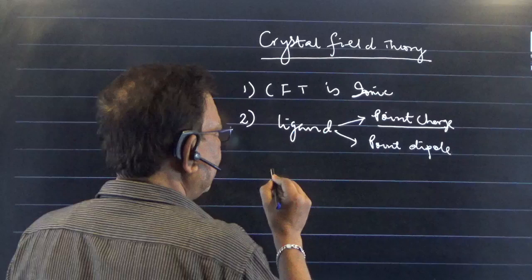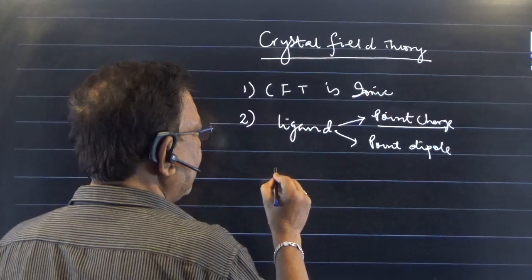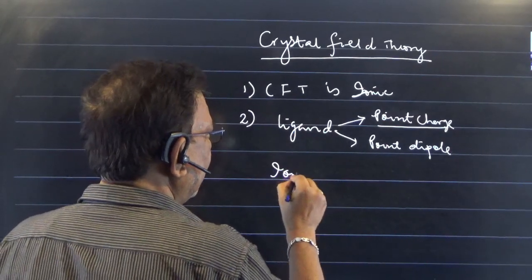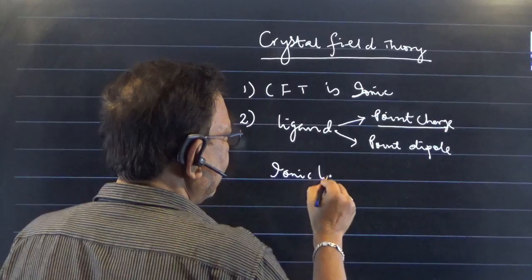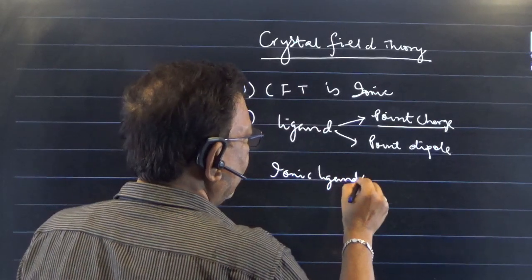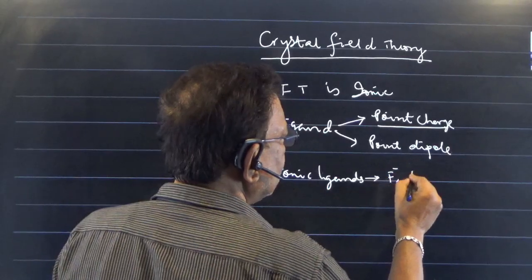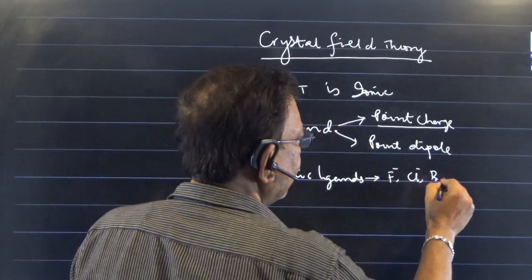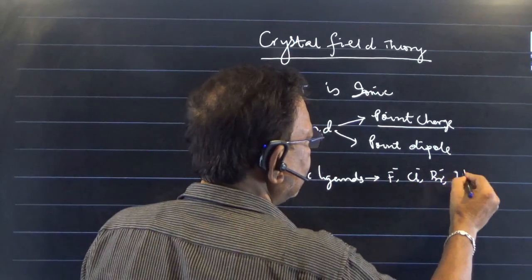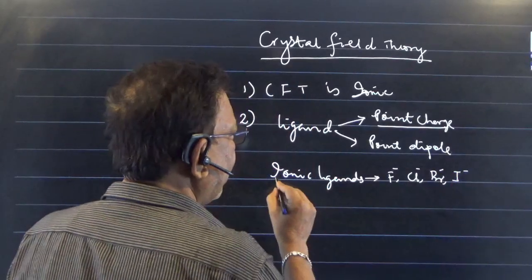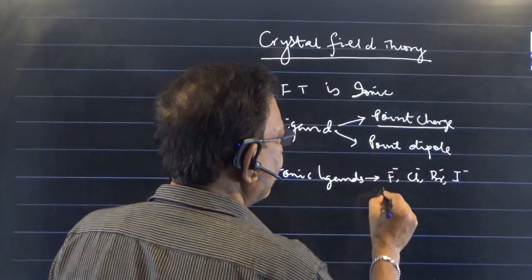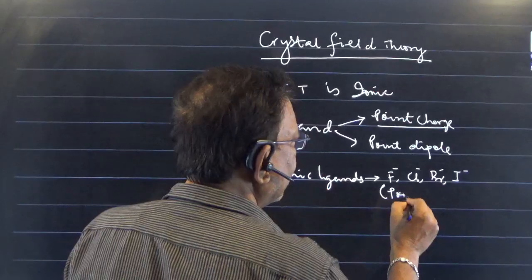Point charge means the ionic ligand, for example F minus, Cl minus, Br minus, I minus. All the negative ones are ionic ligands, or known as the point charge.